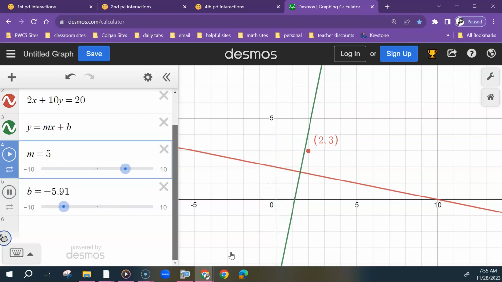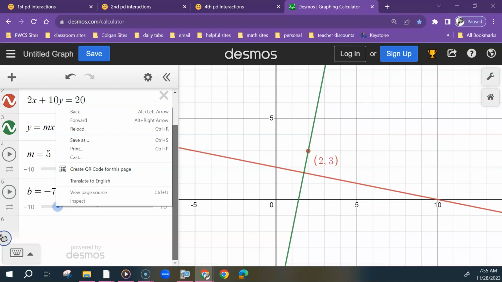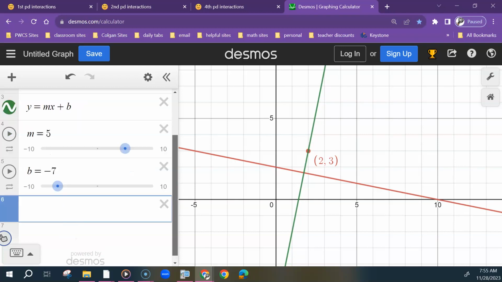And when b is negative 7, it goes to that point. So my equation would be y equals 5x minus 7.